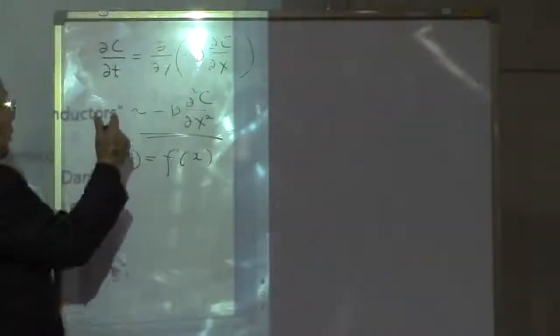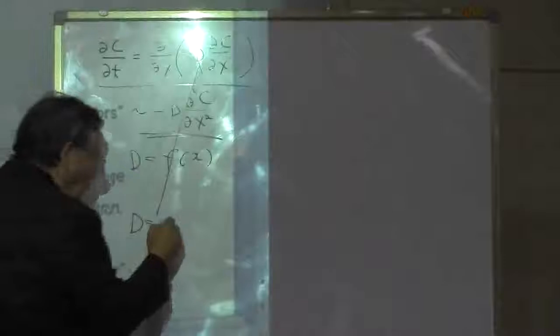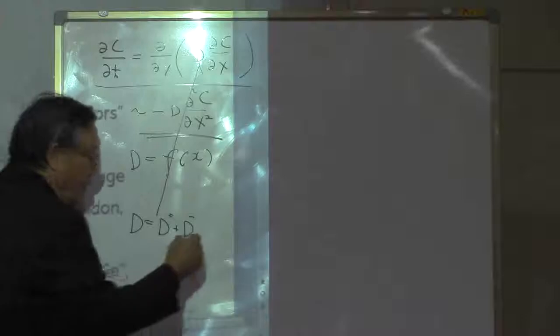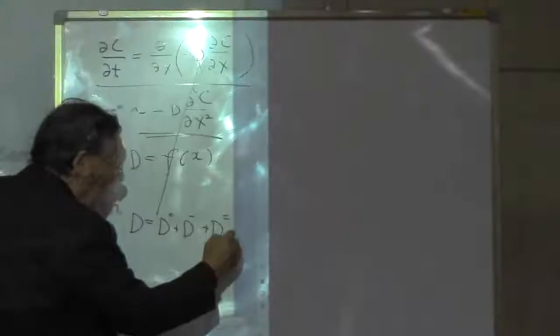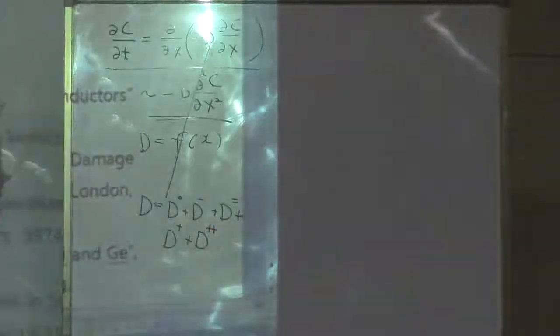get out of the bracket. So we have to use the whole equation like this, and we have discussed about this D. It consists of neutral and negatively charged vacancies couple and doubly negative charged couple, and we also have positively charged vacancies diffusion and doubly positively charged vacancies contribution to the diffusion coefficient.